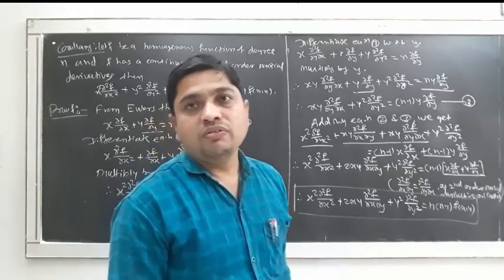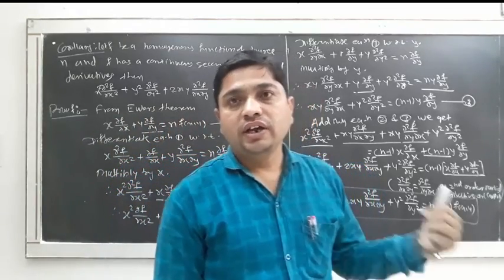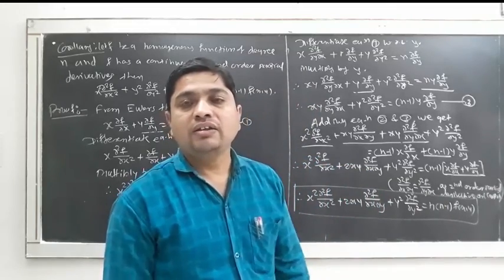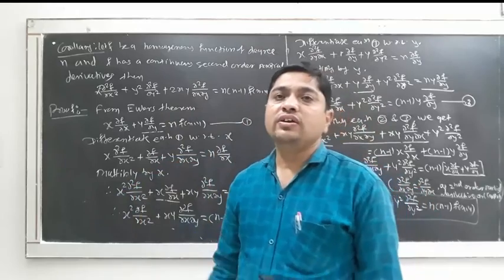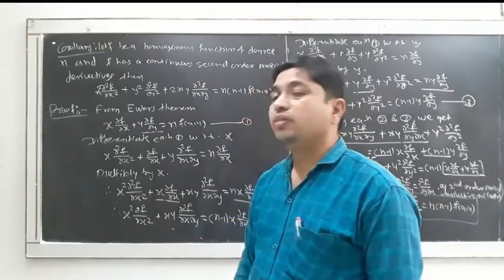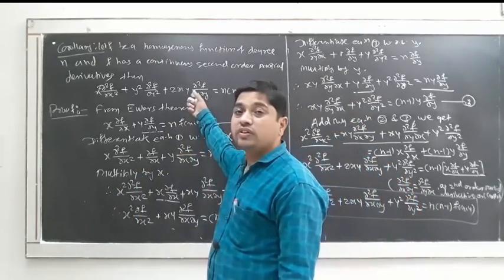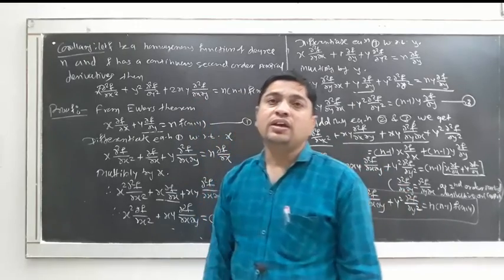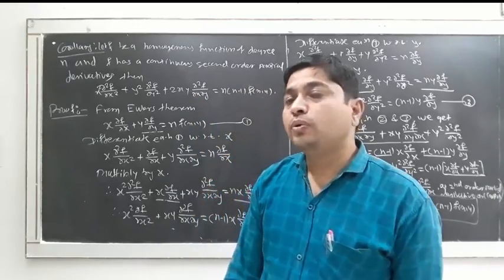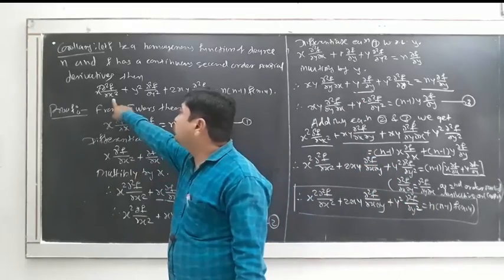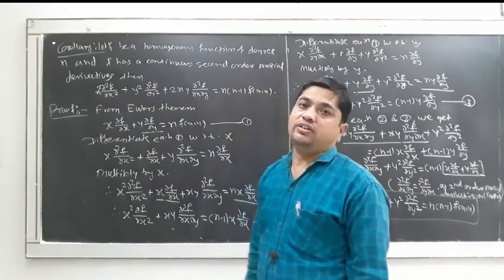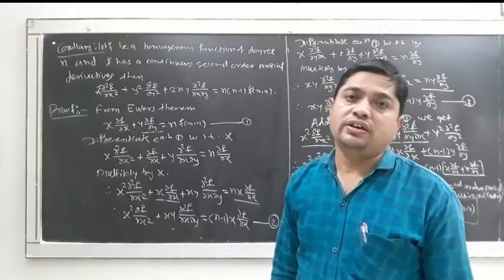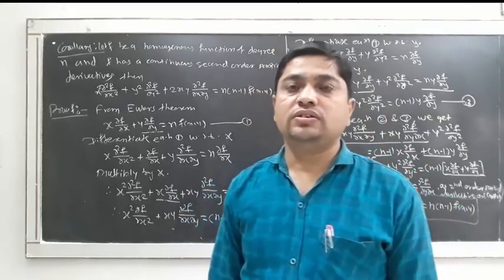Okay, so in a similar way we can solve many problems. Suppose we are given a function f(x,y), and they say verify that it satisfies Euler's theorem or this corollary, then you just have to find these partial derivatives, put in the values, and you will get the left hand side and right hand side equal.